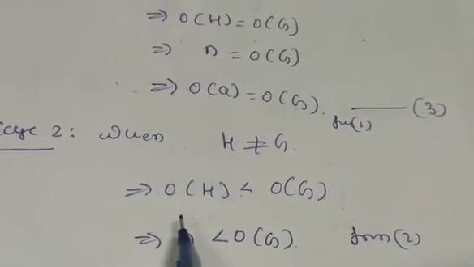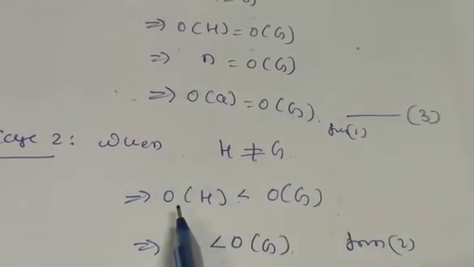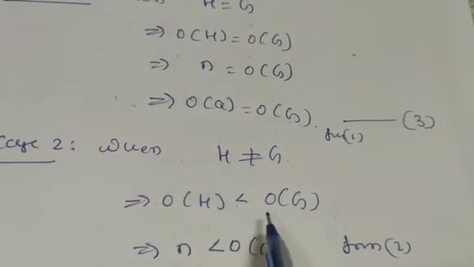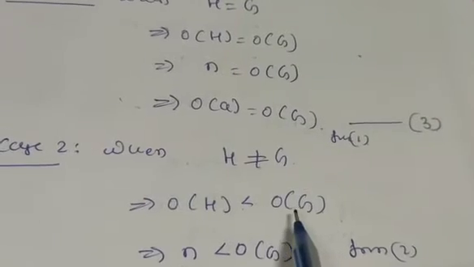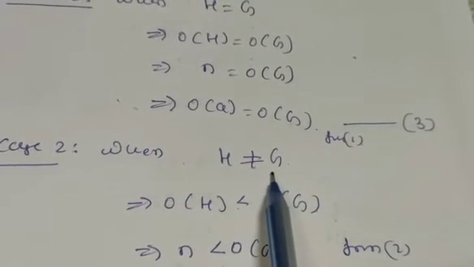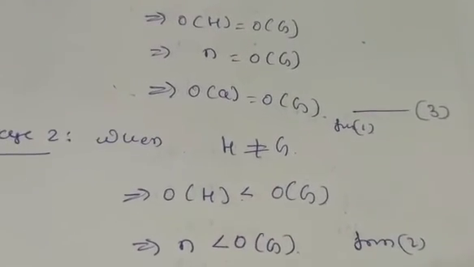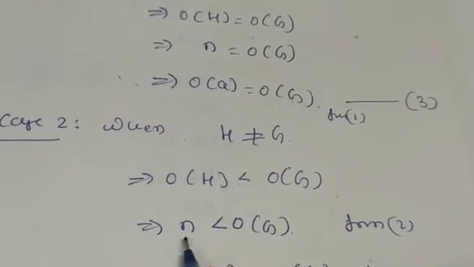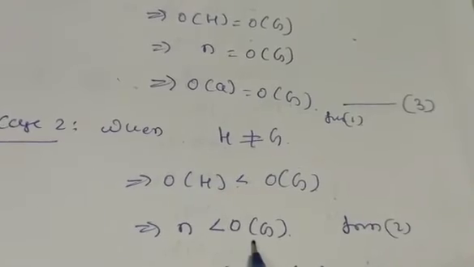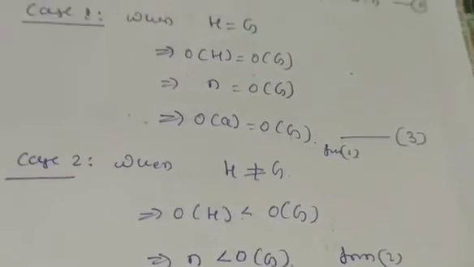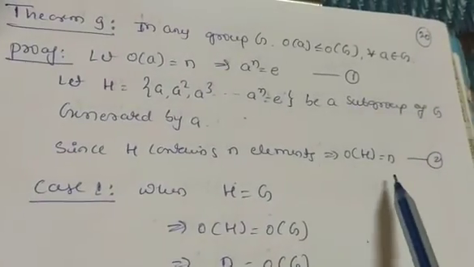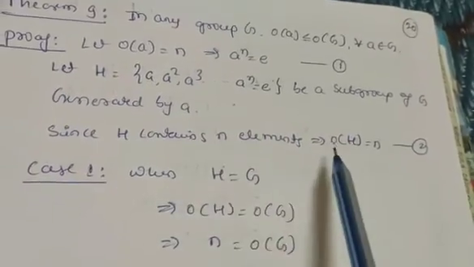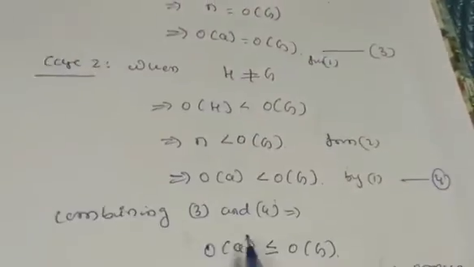So in this, what happens? H not equal to G means the order of H is less than the order of G, meaning there exists at least one element in G which is not in H. We have taken the order of H as n. So this implies n is less than the order of G, from equation number 2. Because in equation 2 we have taken that H contains n elements. So the order of H is n.